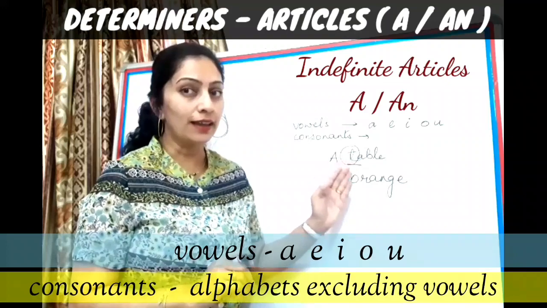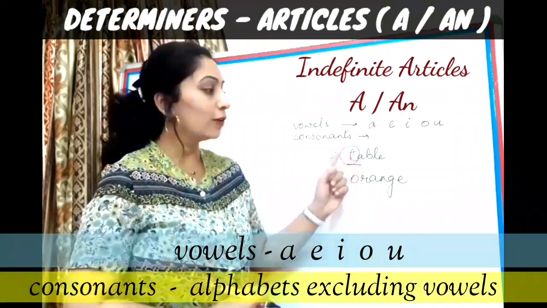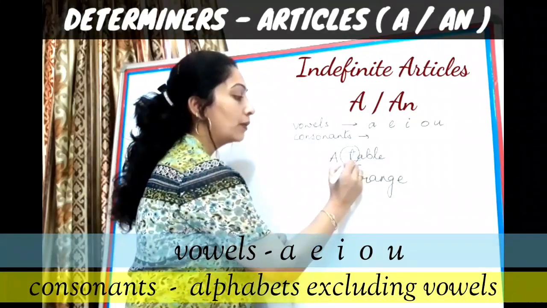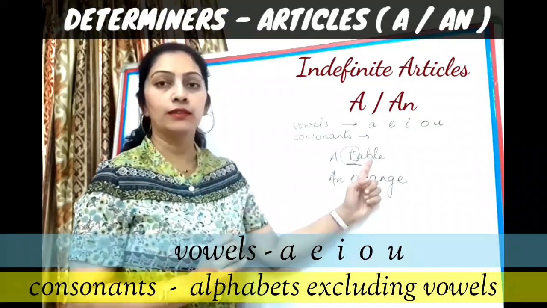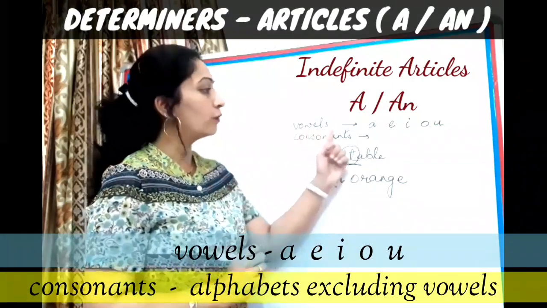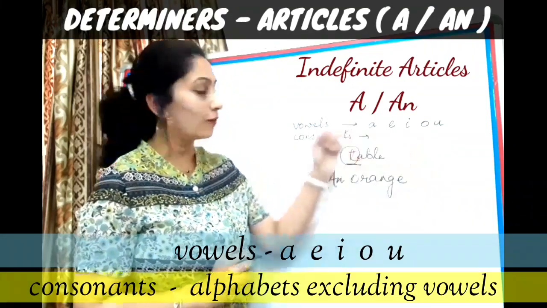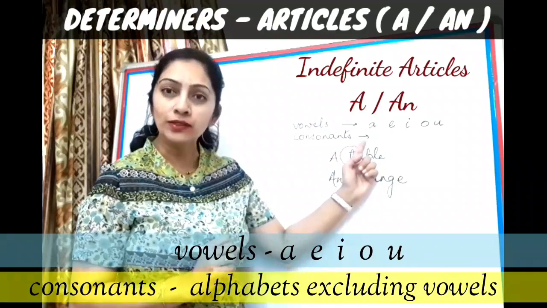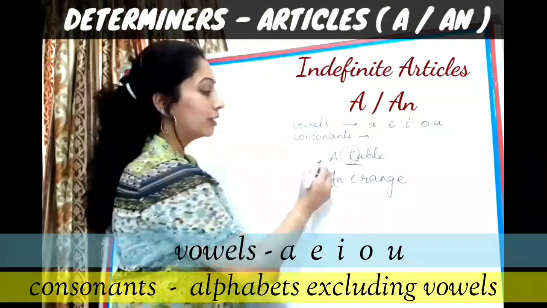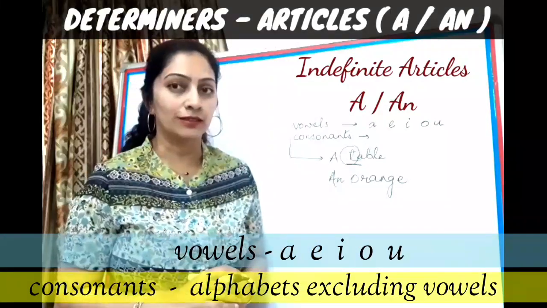The starting sound, not the alphabet, the sound. We always check the sound here, okay? Now, the starting sound of this word, table, is t. T does not fall under the category of vowels. So, obviously, t will fall under the category of consonant. T is a consonant. So, we put a always before a consonant.